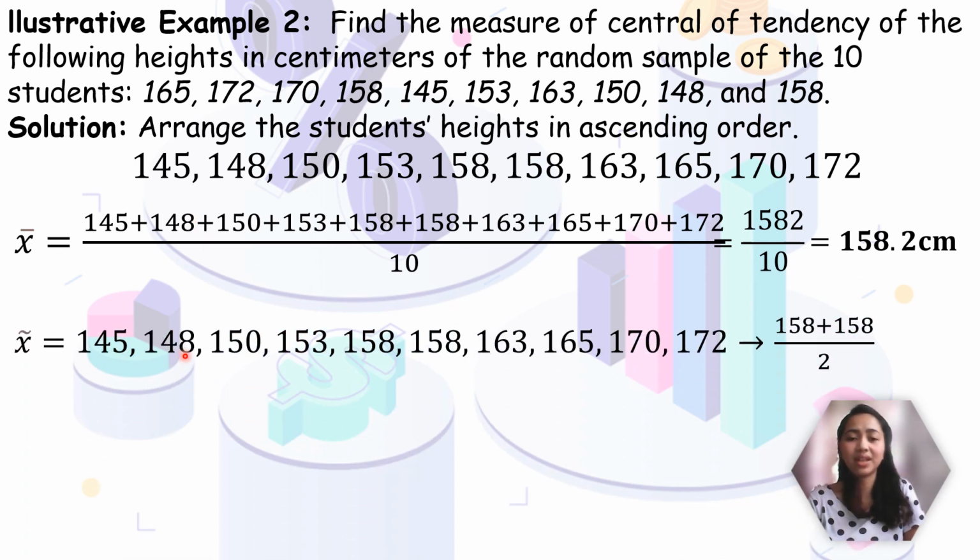So we already arranged this. As what we see here, the number of elements is even. So even means to say that if we divide 10 into 2, it will give us the exact value, which is the fifth. So we will add the sixth position to the fifth, and then after that, divide it into 2. But as what we see here, we have 2 middle scores. Kasi nga, even to eh.